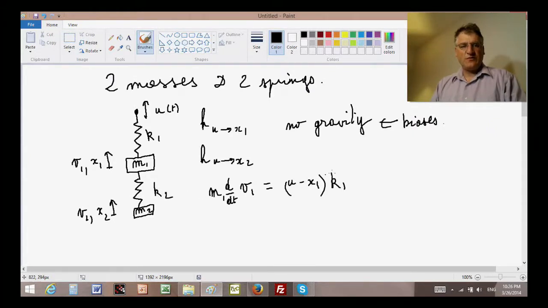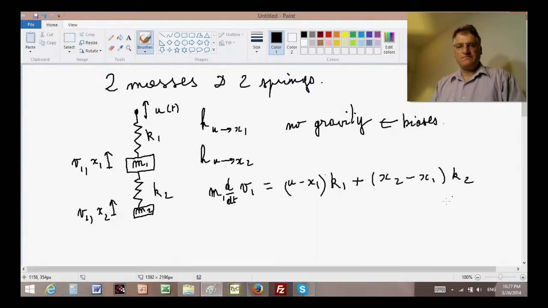We introduce right away the stiffness of the second spring, plus (x2 minus x1) times k2.